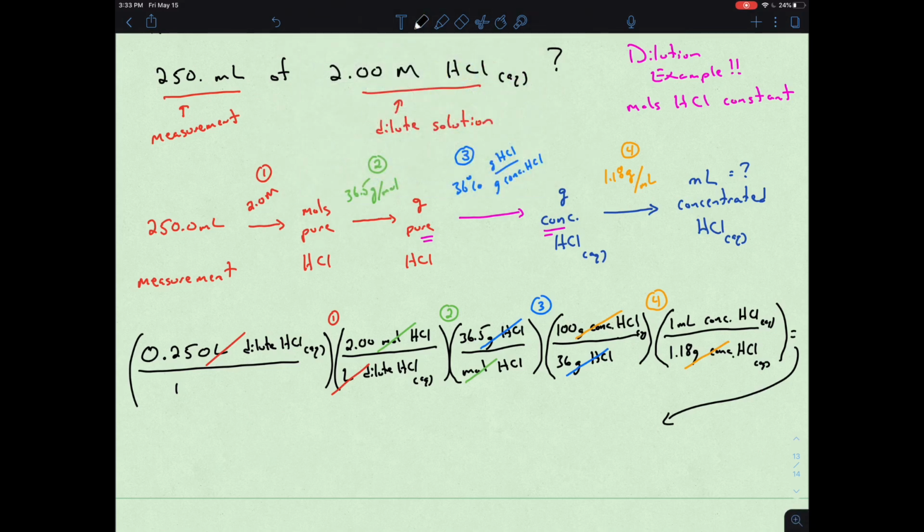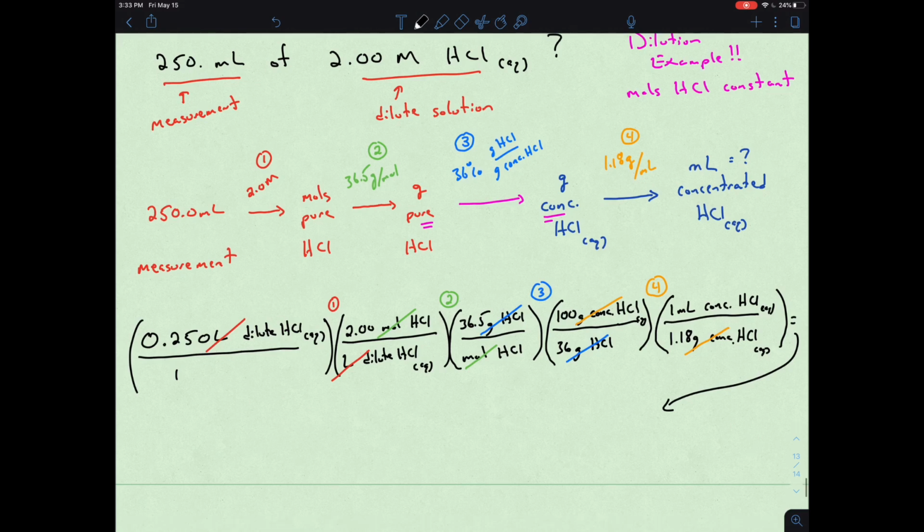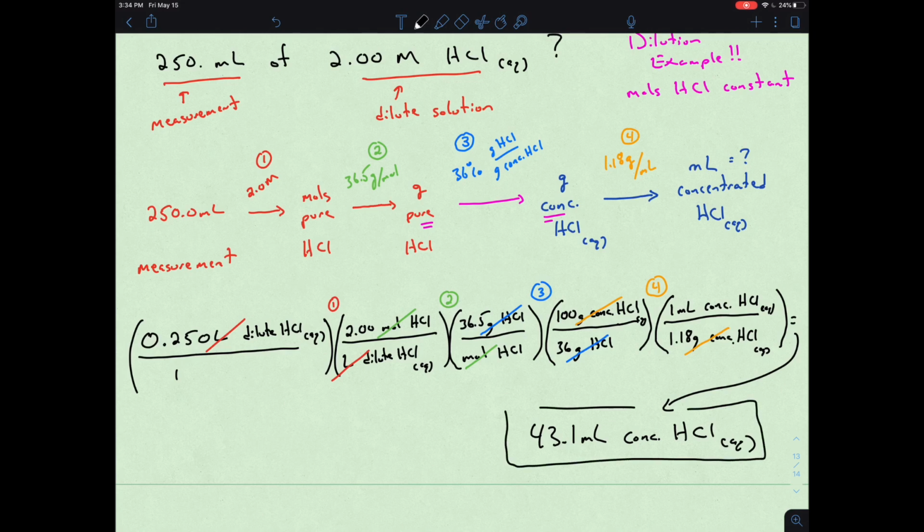So if we go through and do the conversion, we end up with a value of 43.1 milliliters of concentrated HCl is required. And then we could dilute that up to 250 milliliters with water, and now we have a 2 molar solution.